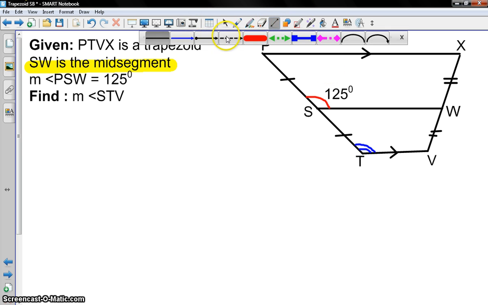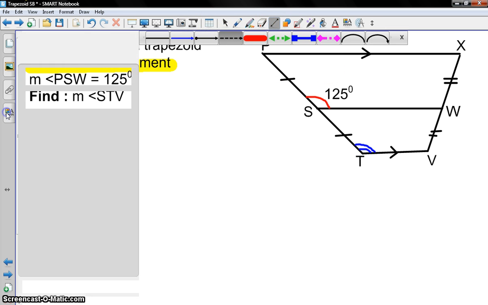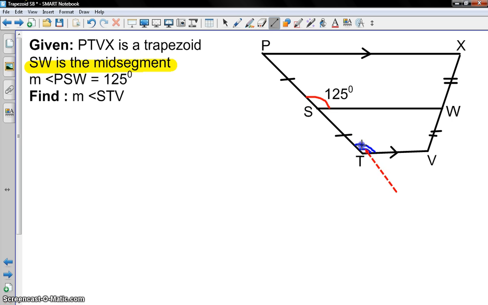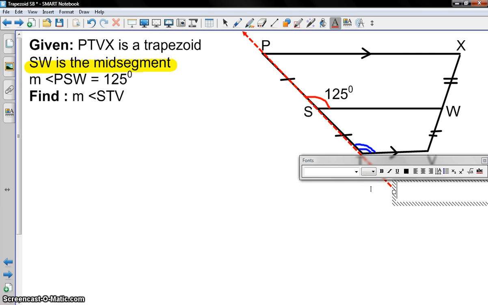So let's actually go ahead and see if I can change this one into red so we can see a little bit better. We're going to extend this side right here, and we're going to say that this is our transversal. So I'm going to actually type right here.